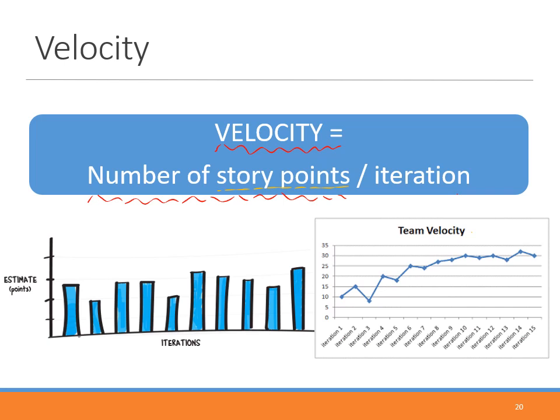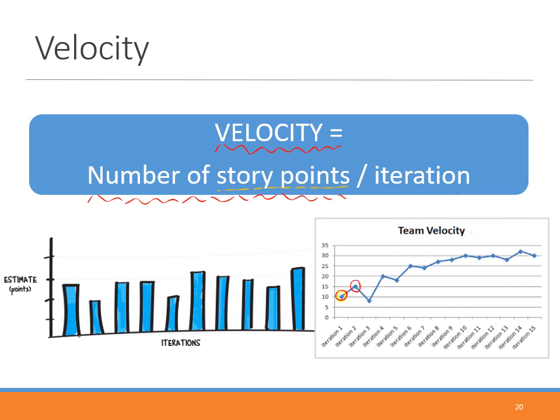So this diagram is the estimate of the team velocity plotted as a graph. You can see that for the very first iteration, the number of points the whole team can make is pretty low, just 10.